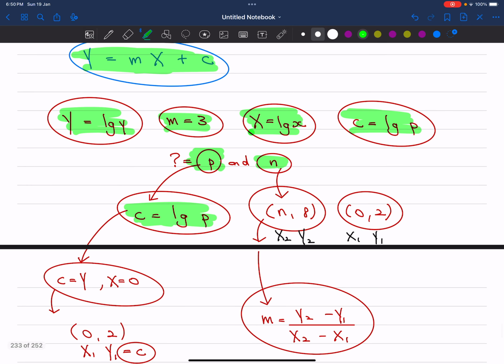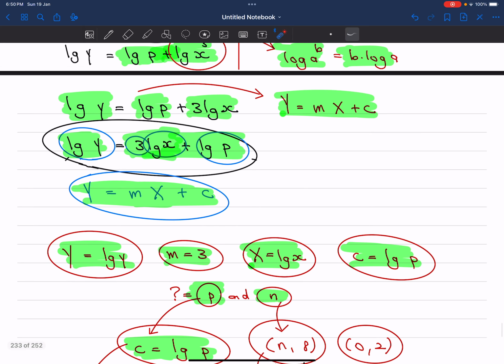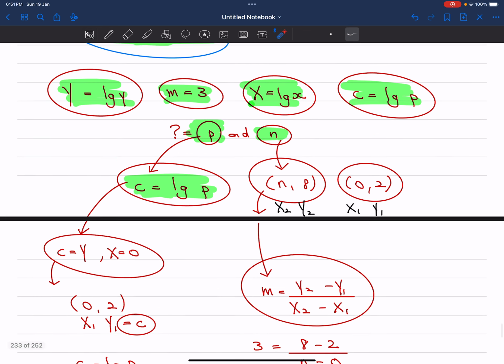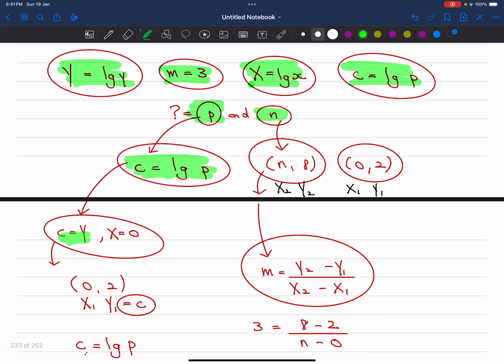Remember that the c here is actually the Y coordinate when the X coordinate is 0. In this equation, y equals mx plus c, the c is the y coordinate when x is 0.